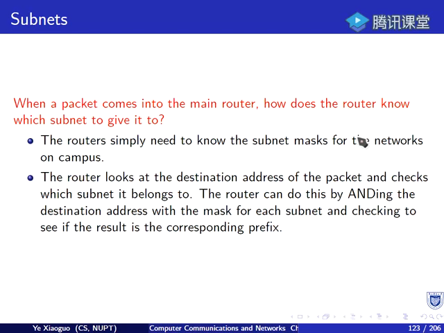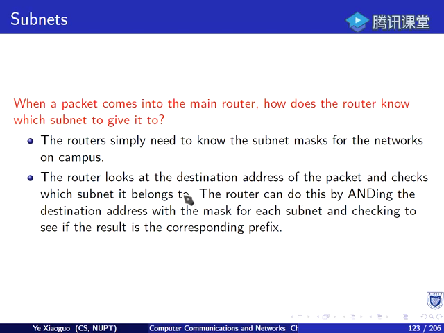When a packet comes into the main router, how does the router know which subnet to give it to? The routers simply need to know the subnet masks for the networks on campus. The router looks at the destination address of the packet and checks which subnet it belongs to.